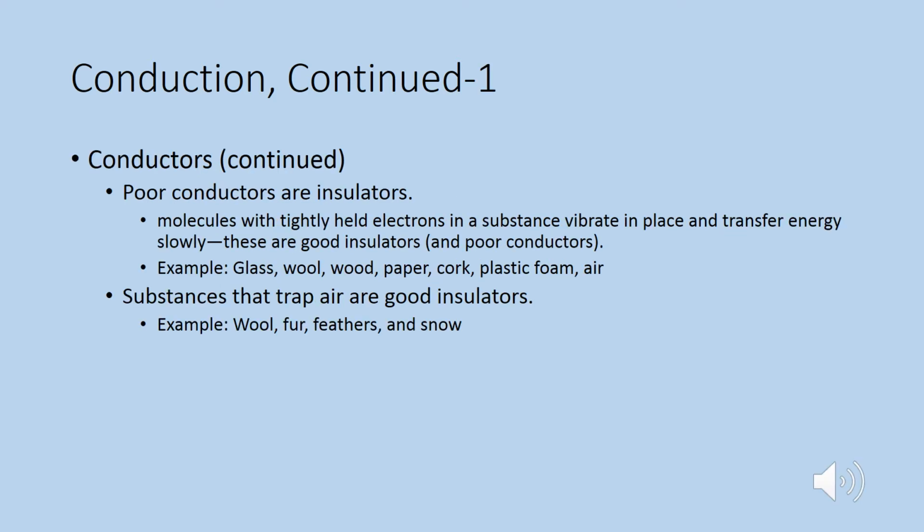Now, objects that are poor conductors have their electrons tightly bound to the atoms or molecules that they originate from, and therefore their electrons cannot absorb the kinetic energy due to the heat transfer. Examples of these are glass, wool, wood, paper, plastic foam, and air.